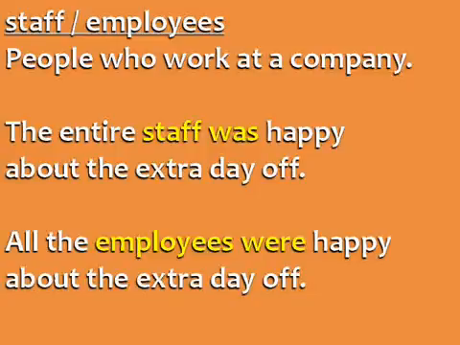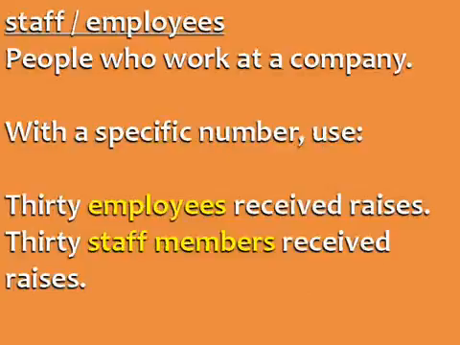All the employees were happy about the extra day off. Notice that with staff we use was, and with employees we use were. Whenever you use a specific number, use employees or staff members. 30 employees received raises. 30 staff members received raises.